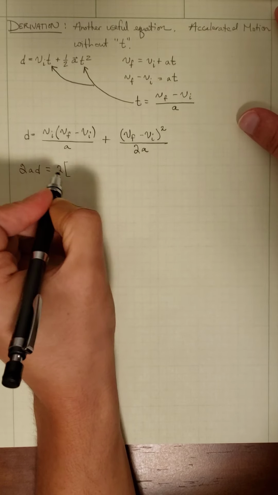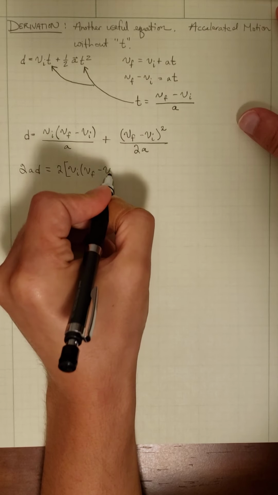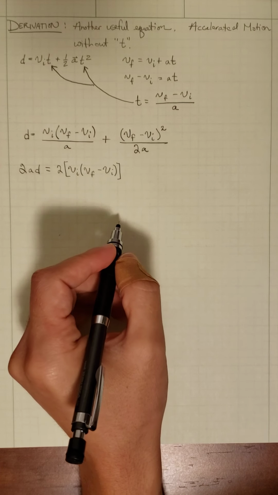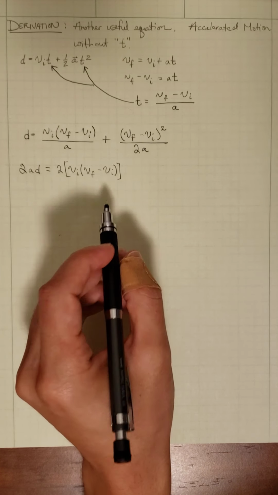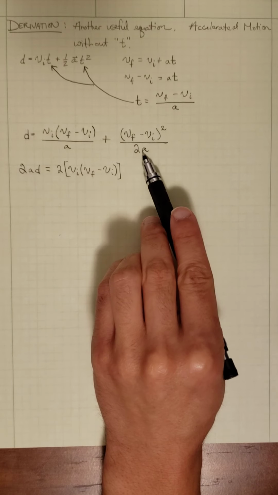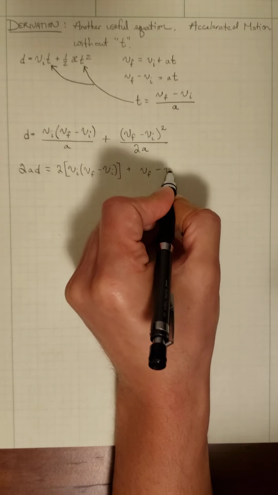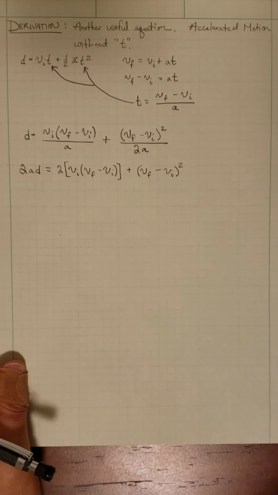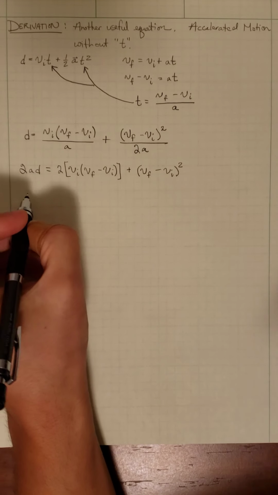So I have 2 times vi times vf minus vi. And I multiply this by 2a, and so I get vf minus vi squared. It clears the denominator out. Okay, well, let's work on simplifying this more.